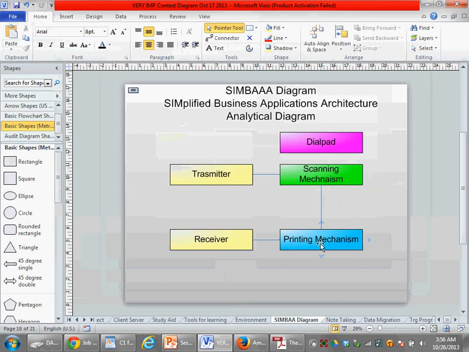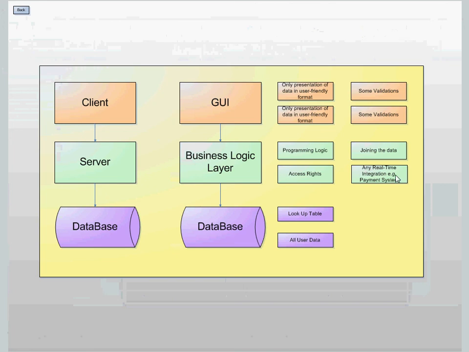Remember these diagrams, the number of validations that should take place in the GUI, the programming logic that needs to be developed. I will give you multiple examples with which you can understand what the business logic is. Any kind of access rights tweaking needs to be done. Remember, this is the most critical piece. If any real-time integration is needed, then that too. If some kind of lookup is needed, remember that's a very important thing.